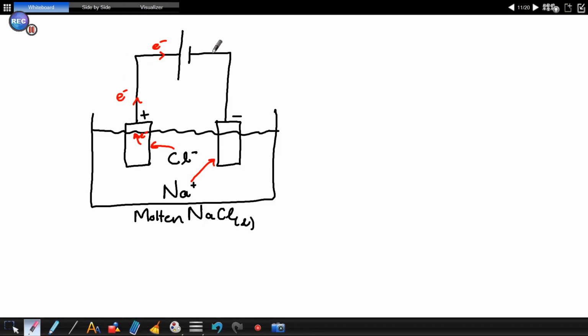They'll move through the battery, they'll come out the other way, and because the electrons are coming to this electrode, they can attract the sodium ions. So here the sodium receives the electrons. Chloride changes into chlorine.